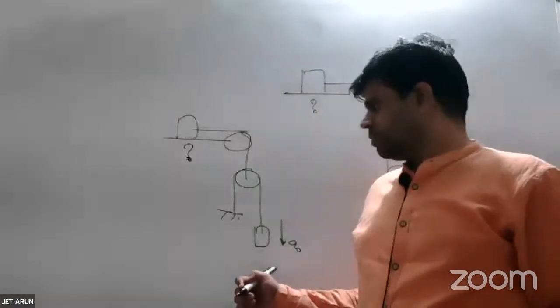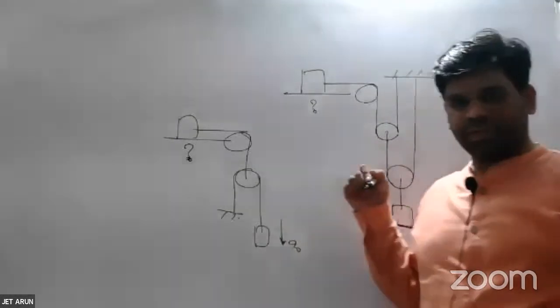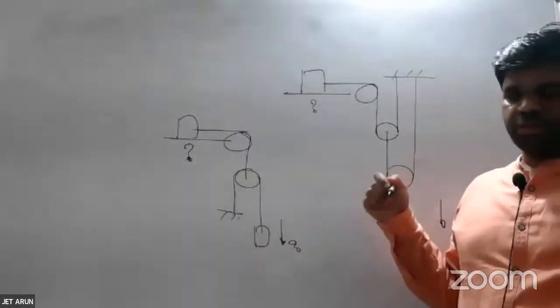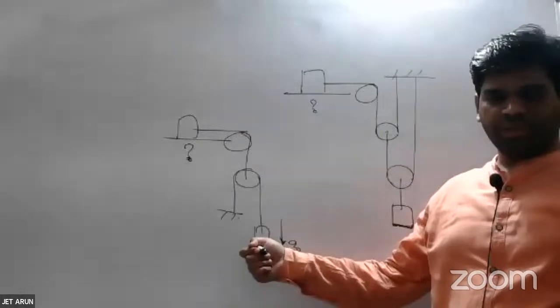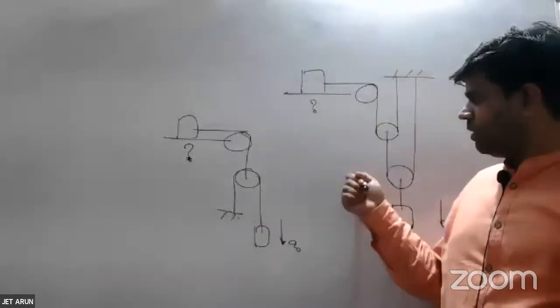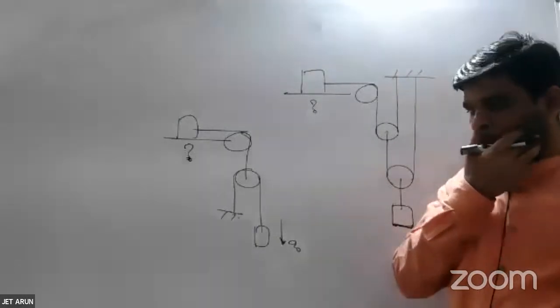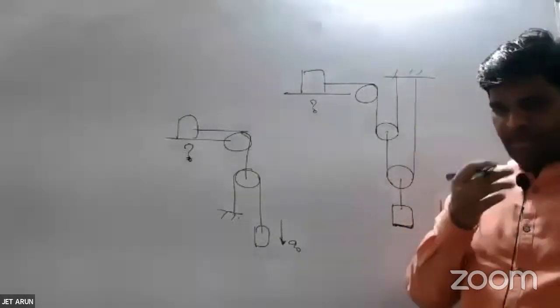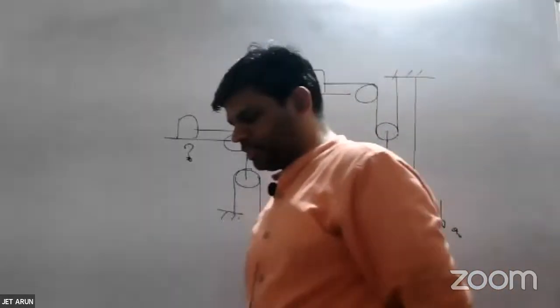That's A naught by 2, sir. A naught by 2 here or here? This one, sir. Yes, sir, this is A naught by 2. Do you think both are the same? No, sir. Now think and tell me what is the acceleration over there.